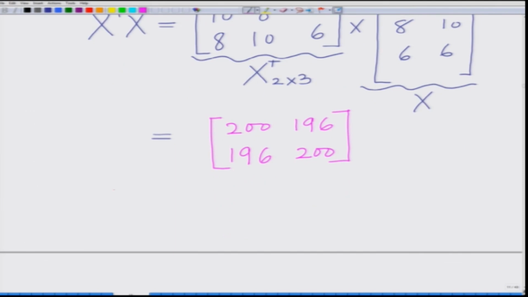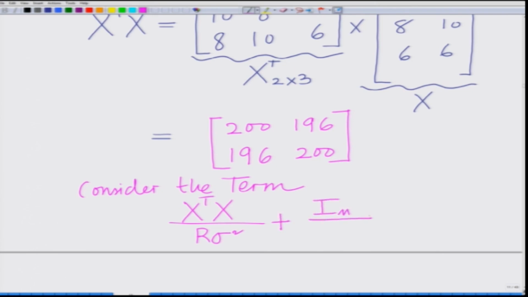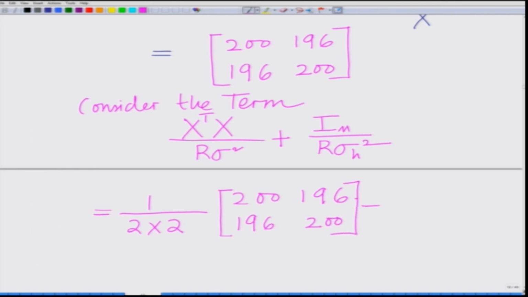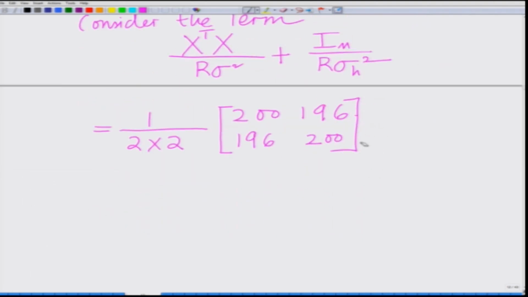Now consider the term x transpose x by r sigma square plus the m cross m identity, that is 2 cross 2 identity, divided by r sigma h square. In this case 1 over r sigma square is 1 over 2 into 2, since r equals 2 and sigma square equals 2, times x transpose x, that is 200, 196, 196, 200, plus 1 over r sigma h square, which is 1 by 4, times identity 2 cross 2, 1 0 0 1.